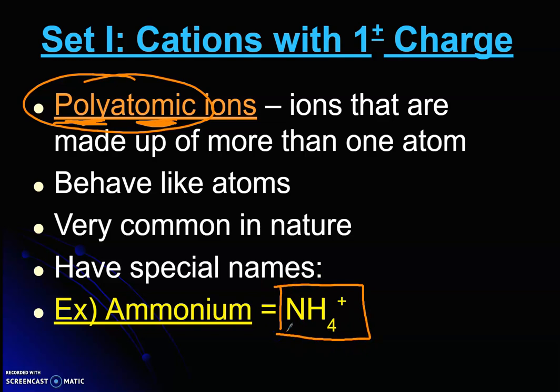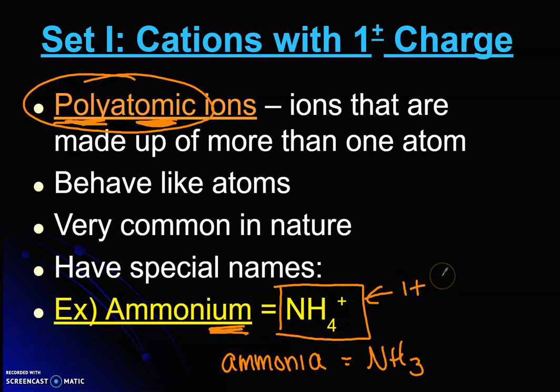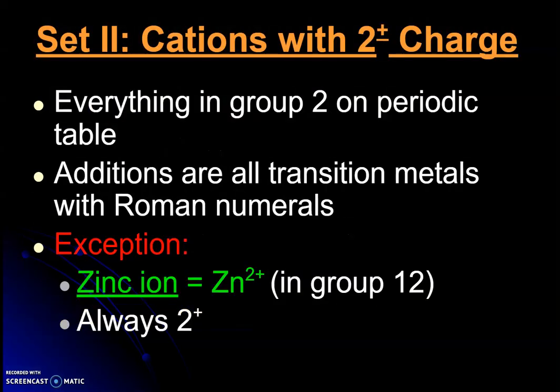The one that you need to know about this is ammonium. It's not ammonia, so be very careful with that. If you've heard of ammonia before, that is the non-charged compound NH3. Ammonium is NH4 1 plus. Remember, this means 1 plus. You have to be very careful with your spelling with chemistry.